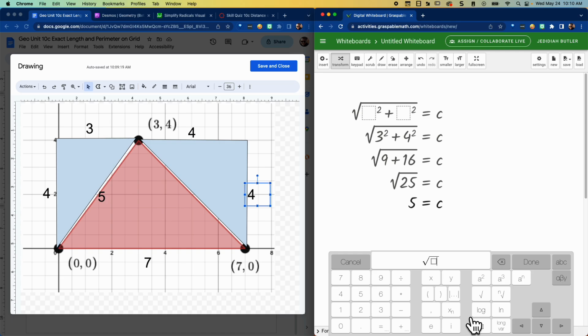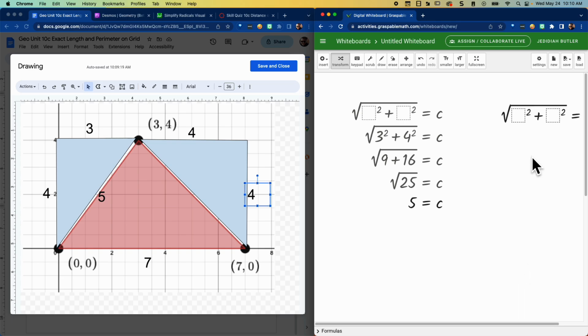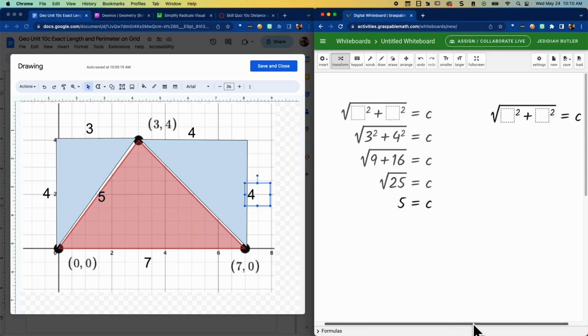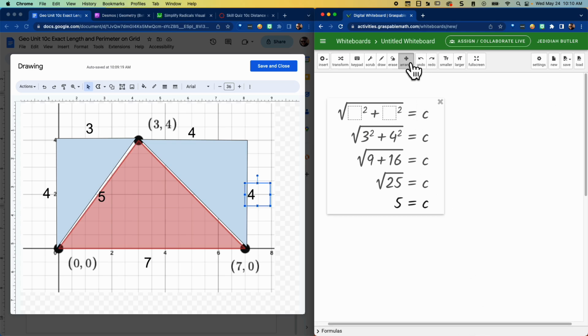We have the square root of something squared plus something squared equals C for that diagonal distance. We can move it over a little bit just so it fits in our picture.